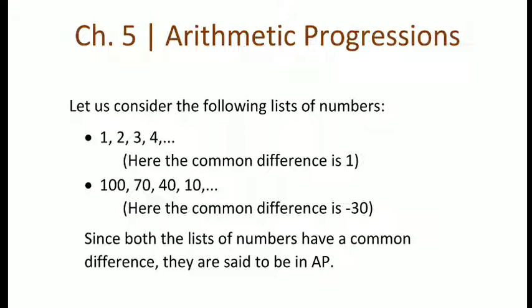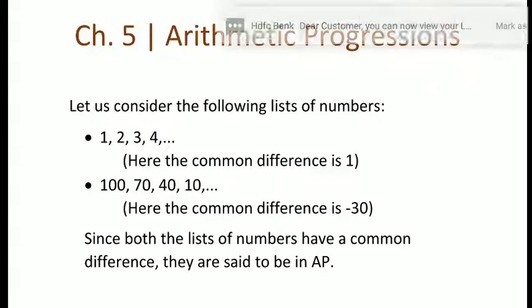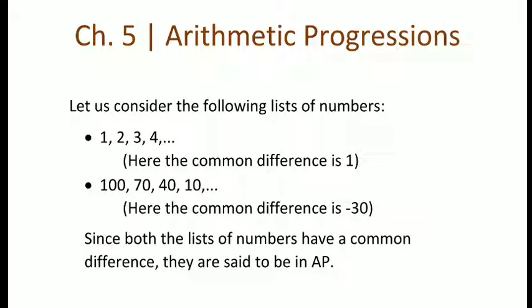These numbers are in increasing order, and they have a common difference. I think you know what a common difference is. Common difference means the difference between consecutive terms: second term minus first term, third term minus second term, fourth term minus third term.